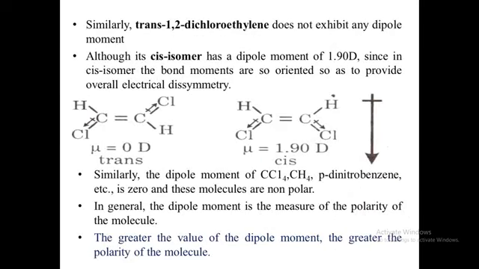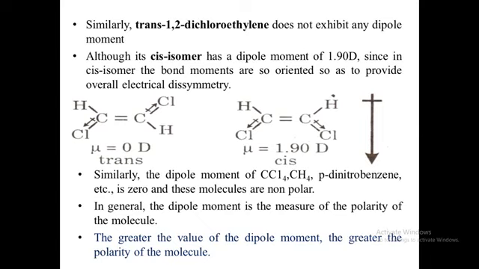Similarly, take 1,2-dichloroethylene. We have two molecules having similar groups, but their positions in space are different. The molecule on the left-hand side has two chloro groups in opposite directions, and we know that when two similar groups are in opposite directions, the molecule is known as trans.